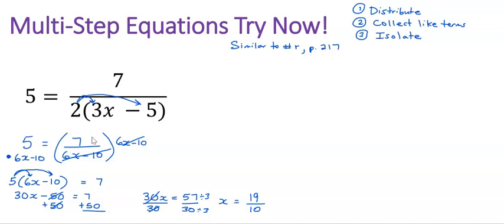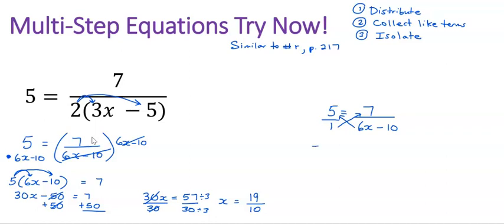Another way to do this when you're at that stage after you've done your first distributing is where you have the 6x minus 10 in the denominator. Another way you can solve is by popping the 5 over 1, and you can cross multiply in order to get the 6x minus 10 out of the denominator.